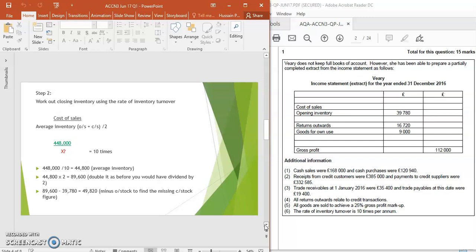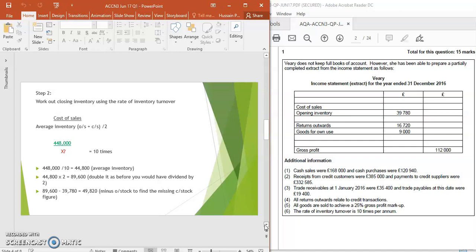So the second step would be point number 6: use the inventory turnover. Quick recap: the formula is cost of sales over average inventory. Average inventory is made up of opening stock plus closing stock, divided by 2, which gives you the average inventory the business has held during that period. What we know from the question is cost of sales, which we've worked out, 448,000.